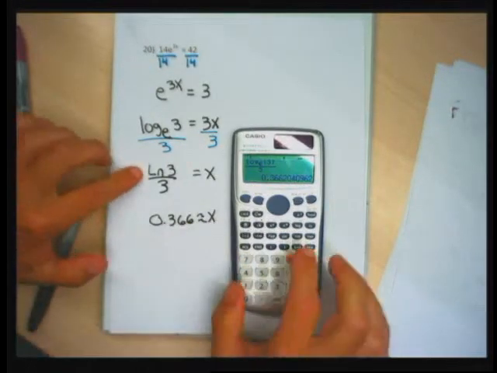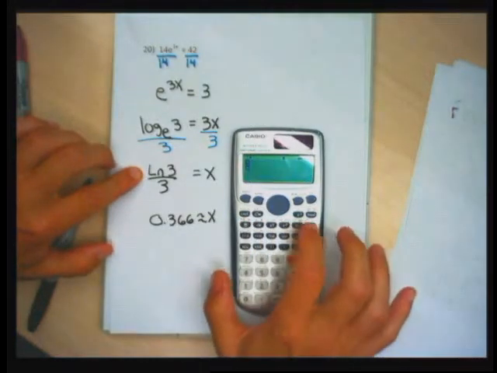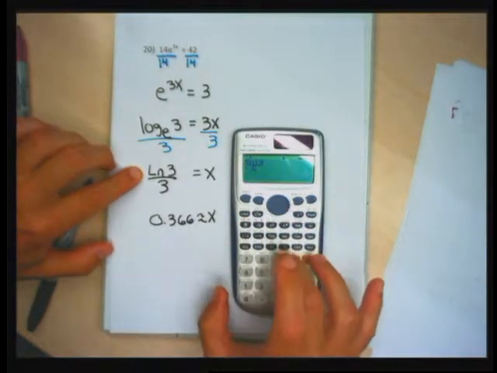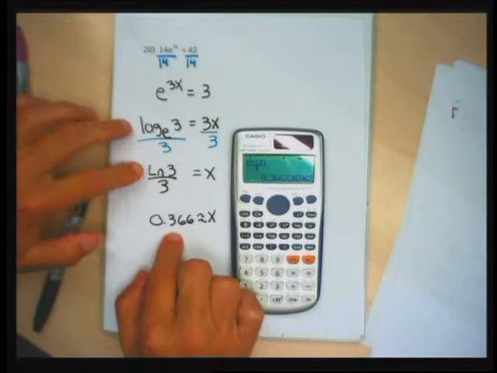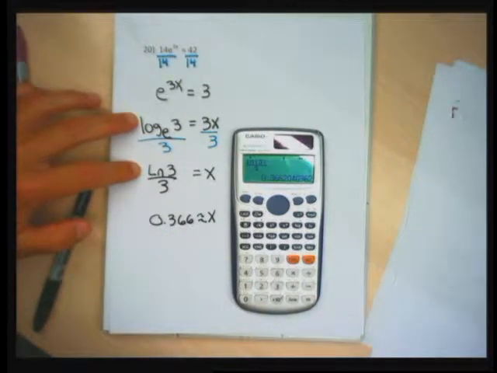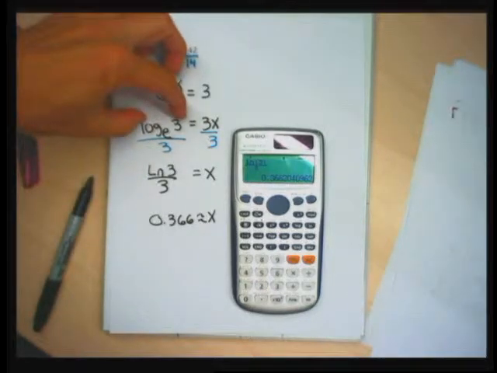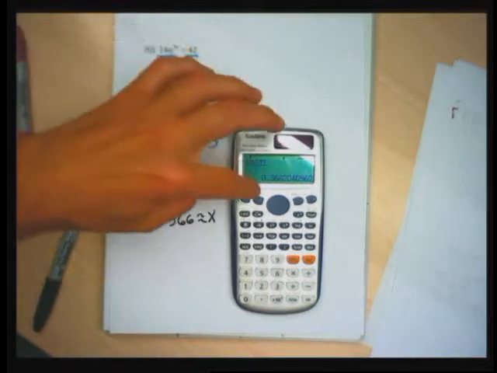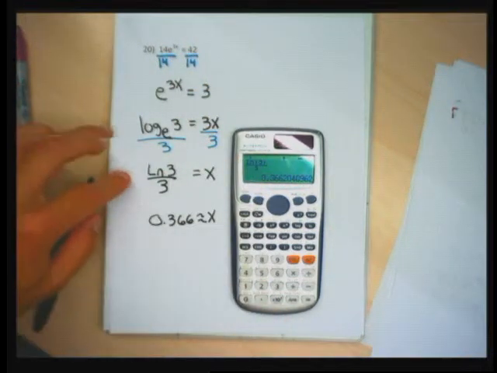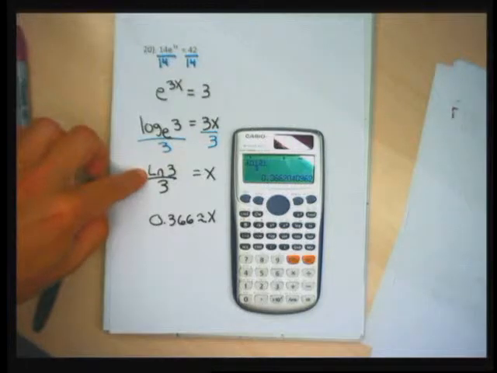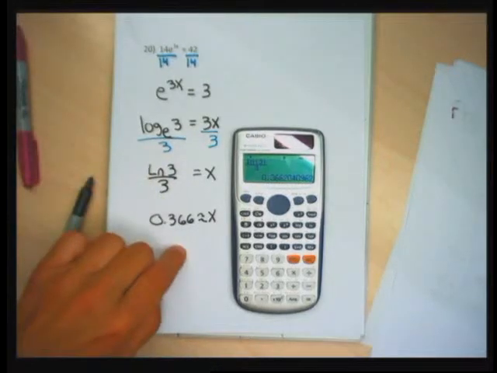If I did the bottom version, fraction ln of 3 divided by 3, I get the same 0.366 because log base e and ln mean the same. Ln is shorthand for log base e. And generally, when I'm using my calculator, I don't take the time to write log base e of 3 because that requires me to use the alpha button, type the e. I generally use ln because they give the same thing, and ln is shorthand. It's preferred in some sense.